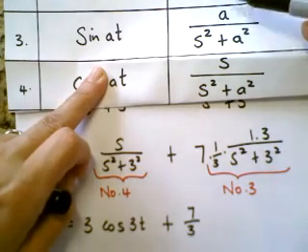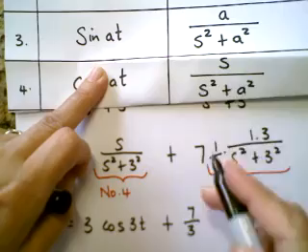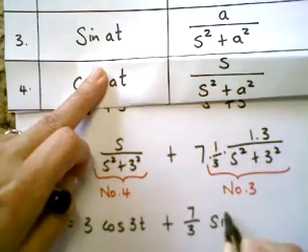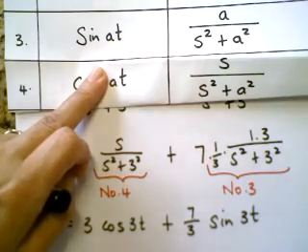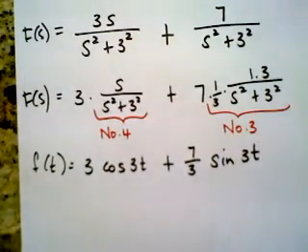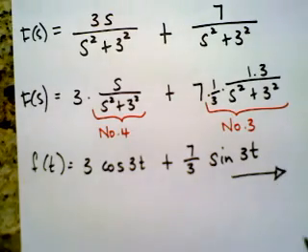That a is 3, so the inverse of your transform is going to be sine of 3t. Okay, and there you have your answer.